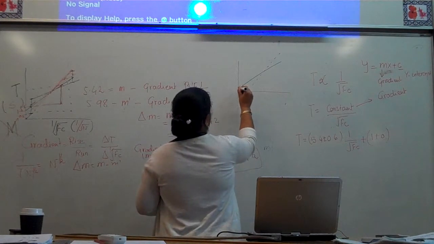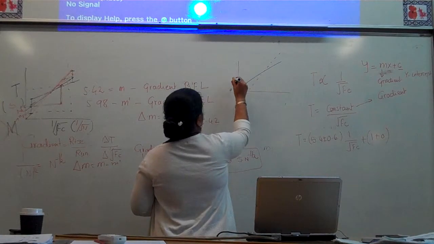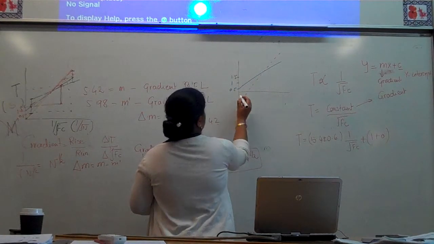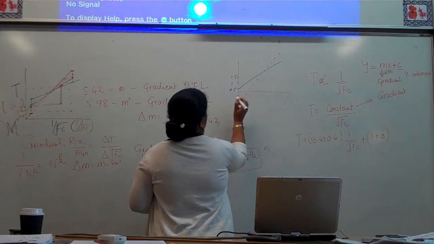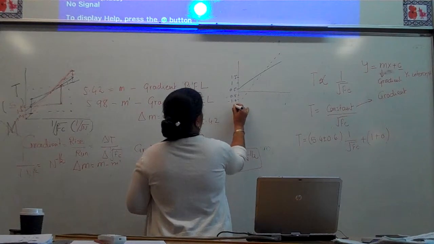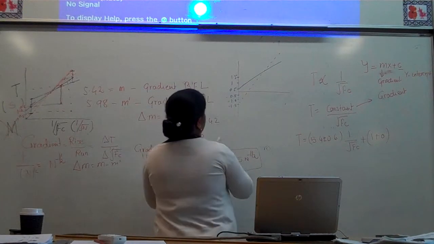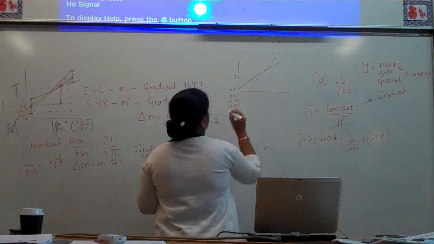Let's suppose here is 0.5, 1, 1.5. So you go on to this side, and what you have here is negative 0.5, negative 1, and negative 1.5. So this line is touching somewhere here, maybe at 1.4.